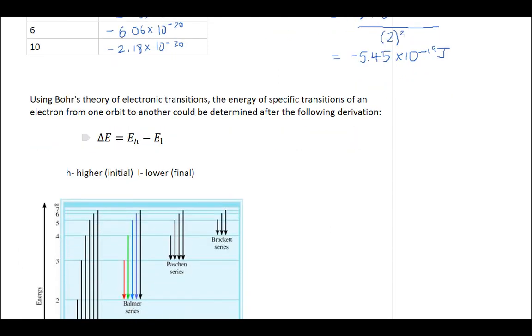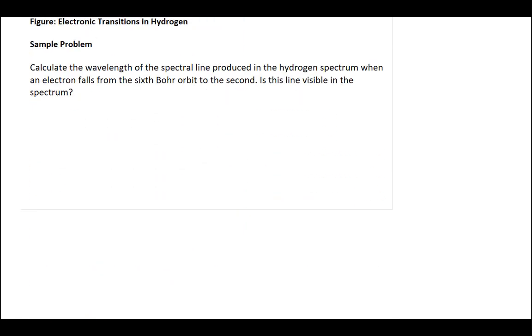So we're going to do first delta E is equal to E of the higher minus E of the lower. So in this case, the higher is the 6th, and the lower is the second. So we're going to take our values from our previous calculations. We have negative 6.06 times 10 to the negative 20 joules.